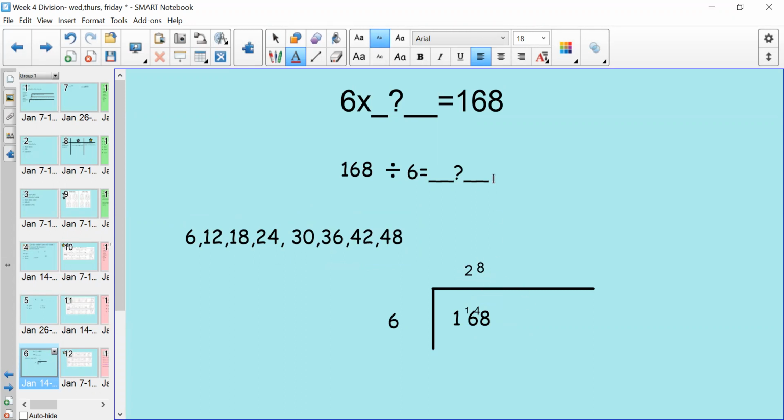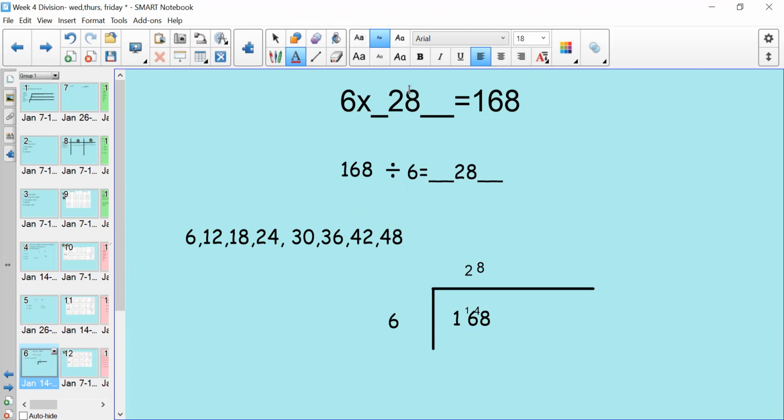So once you've got that answer, we can add it in over here. And because we know that these 3 numbers can be used to also make a multiplication sum, like we saw in the previous 2 slides, we automatically know that 28 will go there as well.